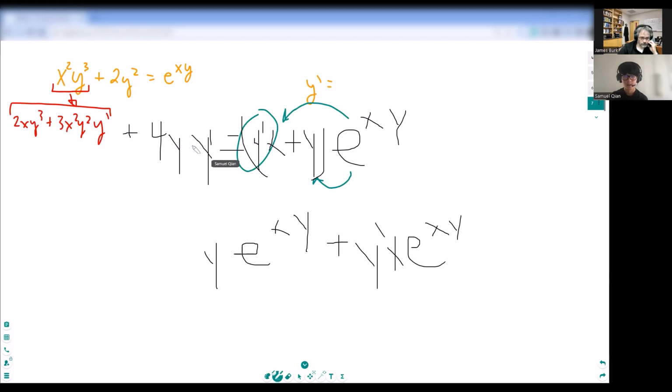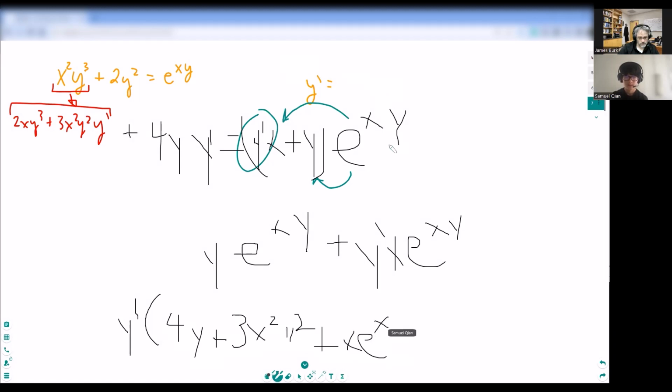So then it would be y prime times (4y plus 3x squared y squared plus x e to the xy) equals minus y cubed, and then plus y.